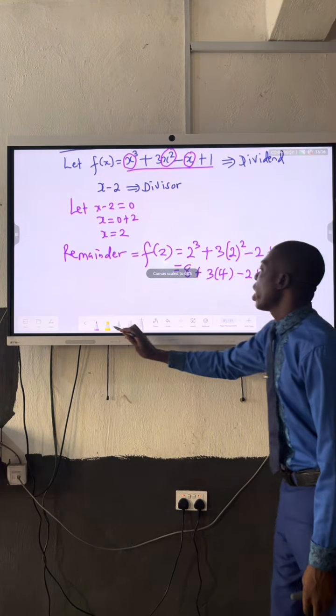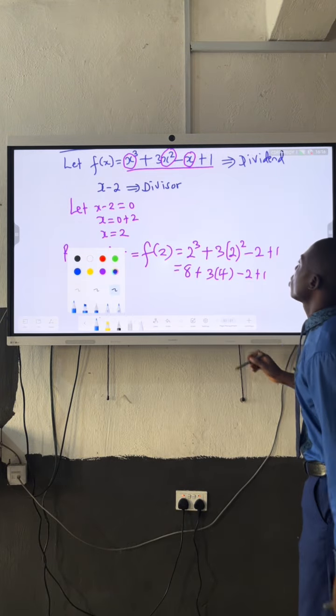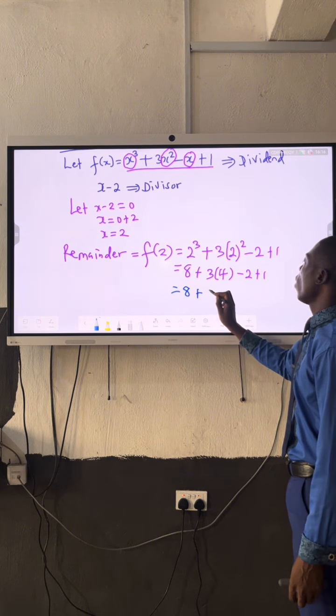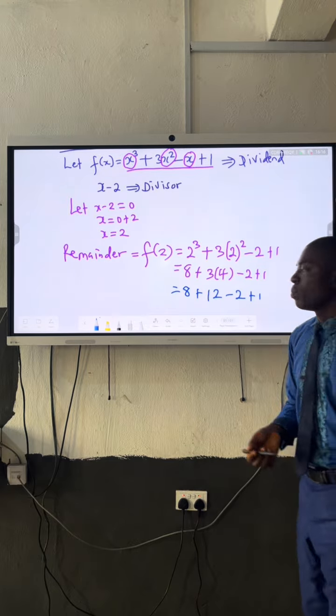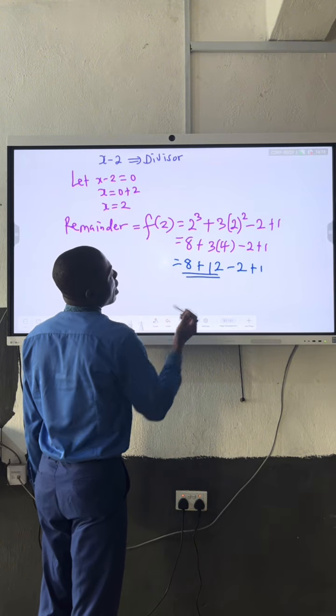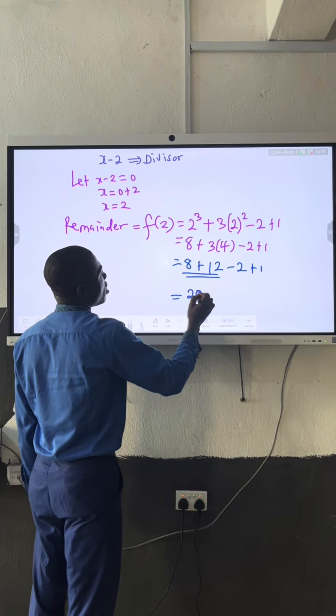So let's see what we have next. We are going to have 8 here, 3 times 4, you have 12, minus 2 plus 1. I hope you are following. Now, at this point, you can decide to add this and this, by saying 8 plus 12, you are going to get 20.